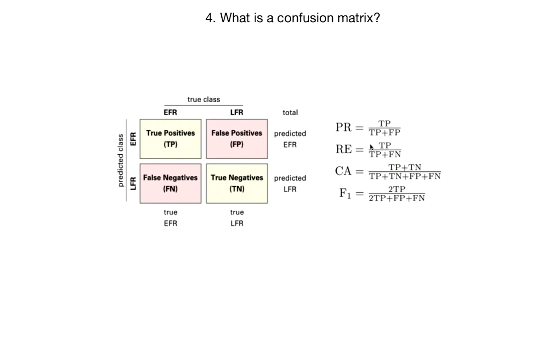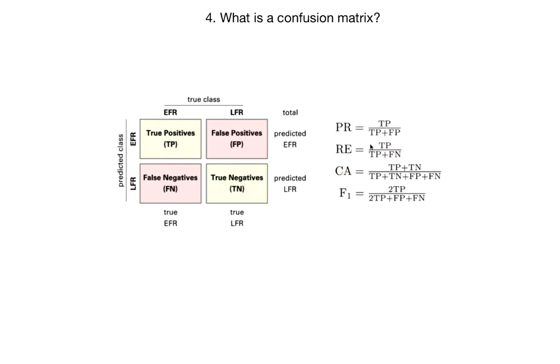Precision can be calculated as true positive divided by true positive plus false positive. And recall can be calculated as true positive divided by true positive plus false negative.